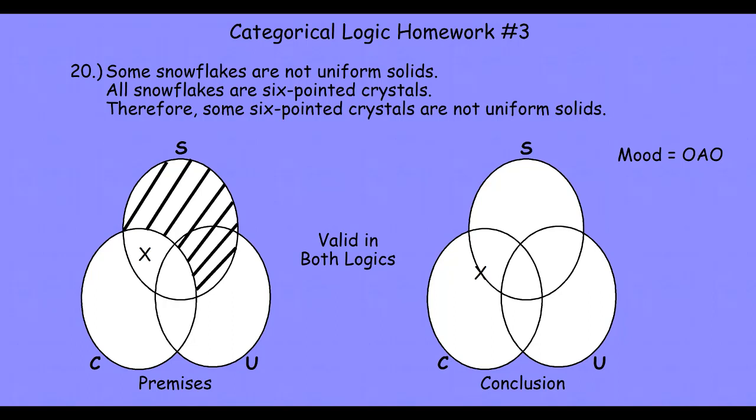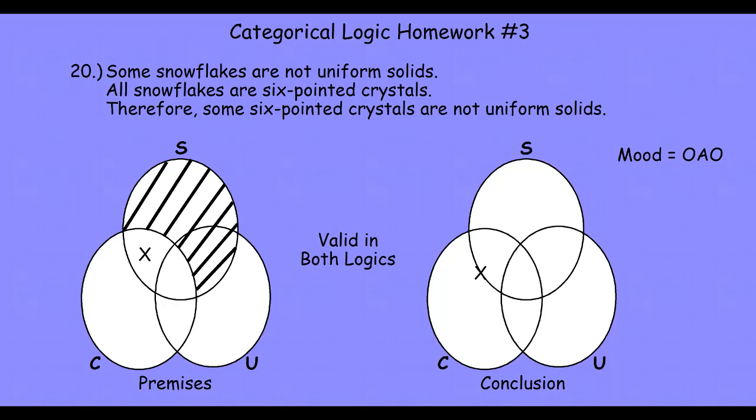Major, minor, conclusion. For our figure, we need to look and see where the middle term is, the term that's in both premises. That term in this argument is snowflakes. Snowflakes is in the subject of the major and the subject of the second, the minor premise. So it's in the subject slot in both premises, and that would make it a figure 3.